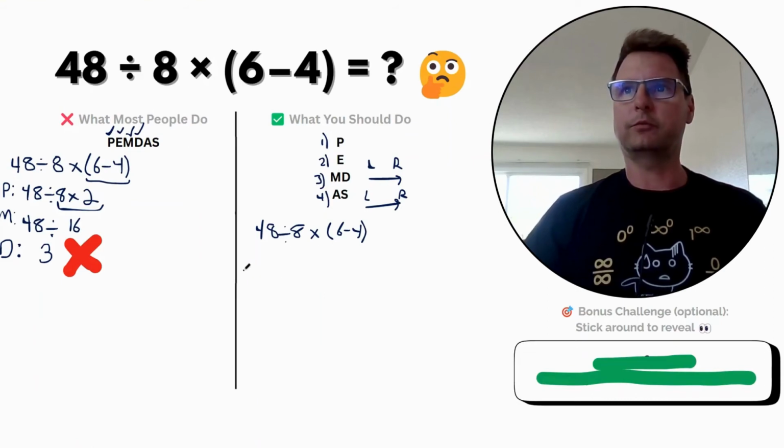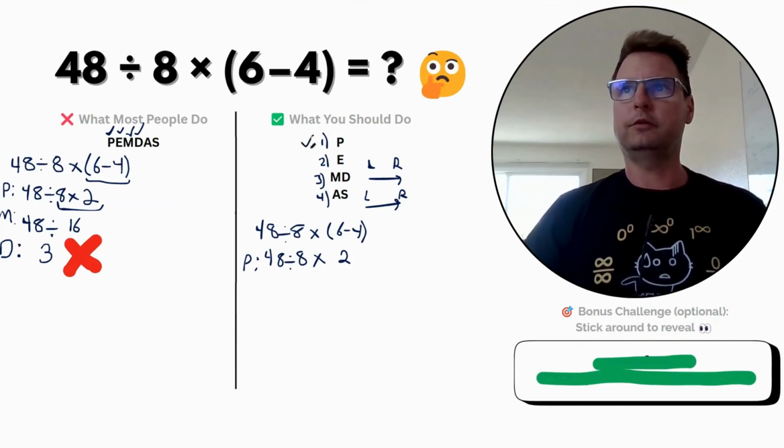Because parentheses comes first no matter what. So that 6 minus 4 was 2. So far, it looks the same, right? 48 divided by 8, bring down the other stuff, times 2, now is what we have.